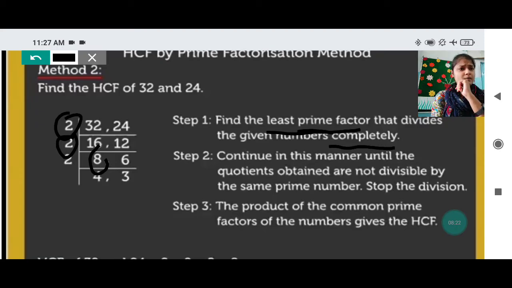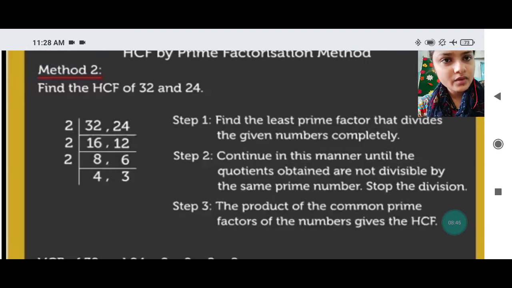Is there any common prime number with which both 4 and 3 are divisible? No. We can divide 4 by 2 and it is divisible. We can divide 3 by 3, it is divisible. But with 2, can both be divisible? No. With 3, can both be divisible? No. With 4? No. So we will stop our division here.